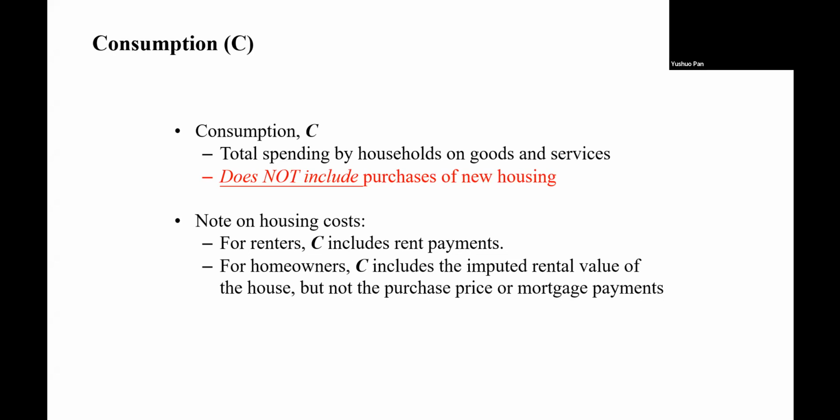You can include that part as consumption. For homeowners, C includes the imputed rental value of the house, but not the purchase price or mortgage payment. Again, you can only measure your consumption for housing when you measure it monthly or quarterly, but not as a whole price. That's important for the consumption part.